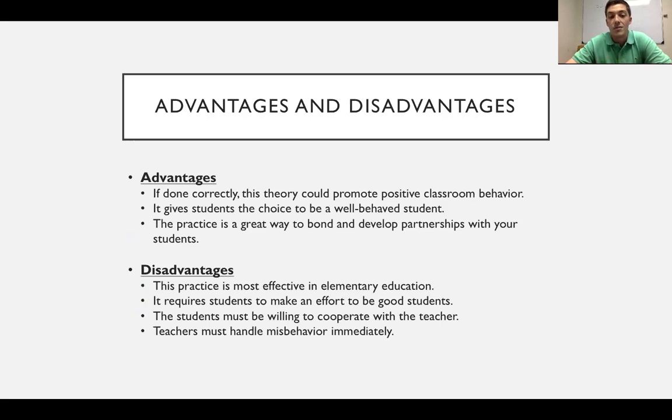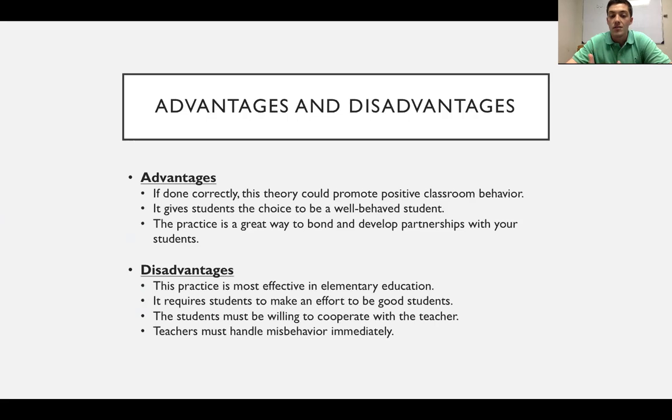And it also requires students to make an effort to be a good student, because it really depends on whether the student is willing to cooperate or not. You're giving that authority to the student, and if they don't want to make the effort, then it's not going to work. They have to be willing to make that relationship work for this theory to work.